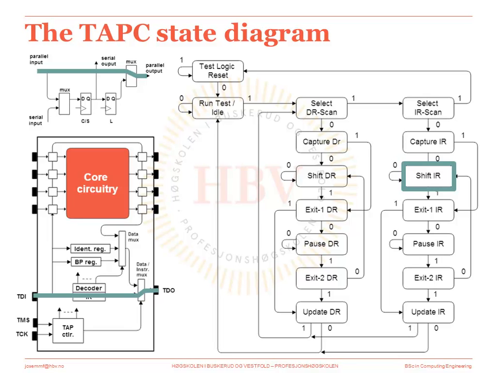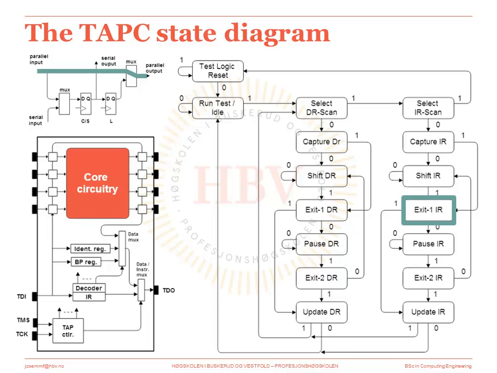If we have an 8-bit instruction register, for example, then we must stay here for 7 clock cycles, because on clock cycle number 8, the last one, we must move out from shift into the exit instruction register state.